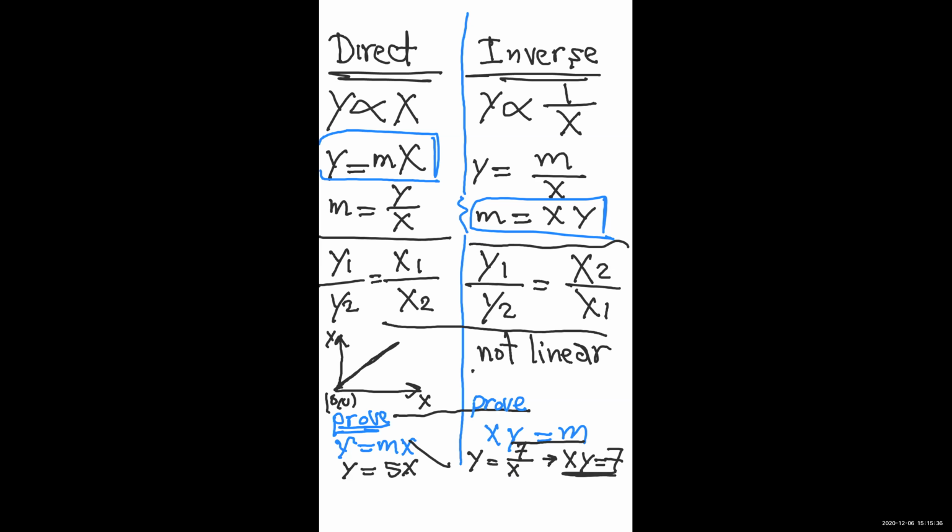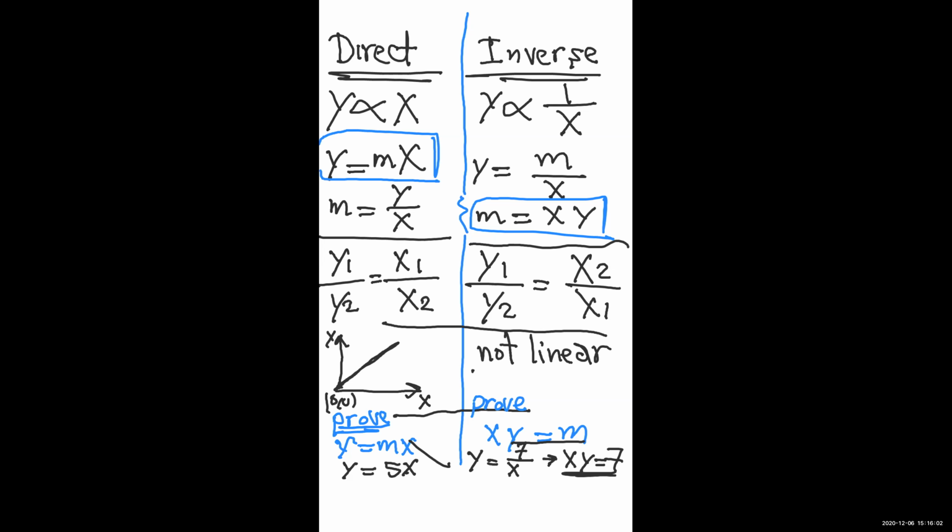Yes, sir. That was generally all points about the direct variation and inverse variation. So direct variation, y varies directly with x. The rule or the relation is y equals mx, so m will equal y over x. y1 over y2 equals x1 over x2.